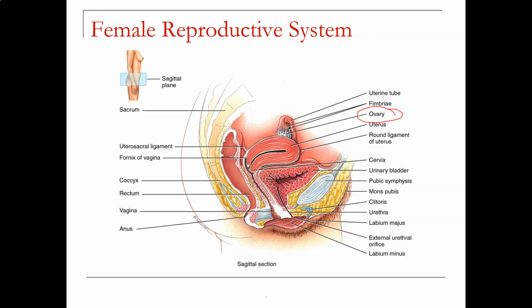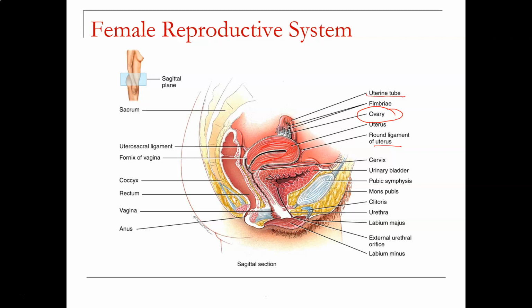So the first duct, it does look like a duct. It's the uterine tube, also called the fallopian tube. And then that leads into the uterus, which is in this region in here. The uterus doesn't really look like a duct, but the fallopian tube leads into it, and it does have a lumen.